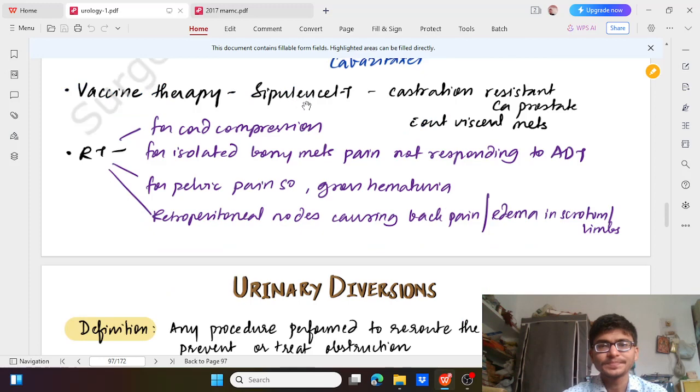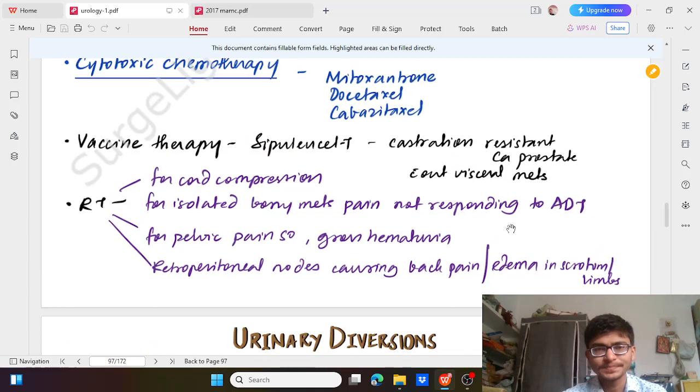Vaccine therapy is for castration resistant carcinoma prostate without visceral mets, that is sipuleucel-T. And then we have radiotherapy for cord compression, isolated bony mets, pain not responding to androgen deprivation therapy, pelvic pain syndrome, gross hematuria, and retroperitoneal nodes causing back pain, and edema in the scrotum and limbs.